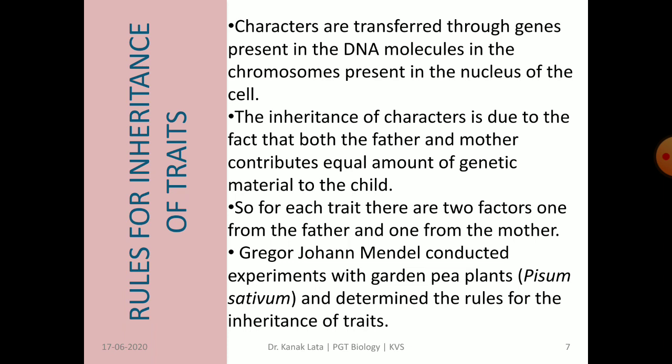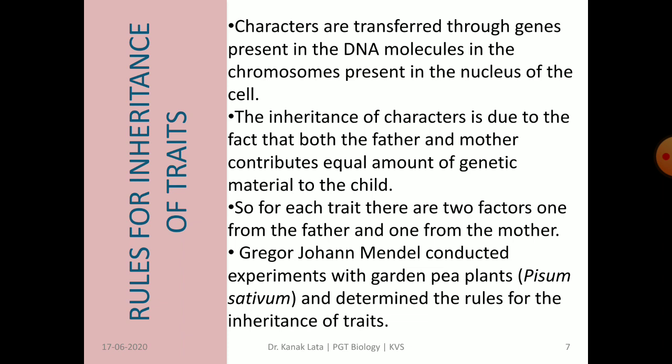So the inheritance of character is due to the fact that both the mother and father contribute equal amounts of genetic material to the child. So, for each character, there are two factors, one from father and the other from mother.